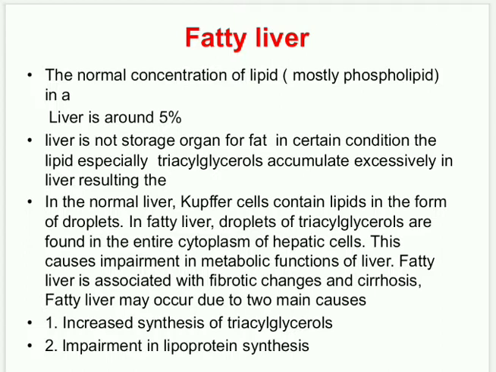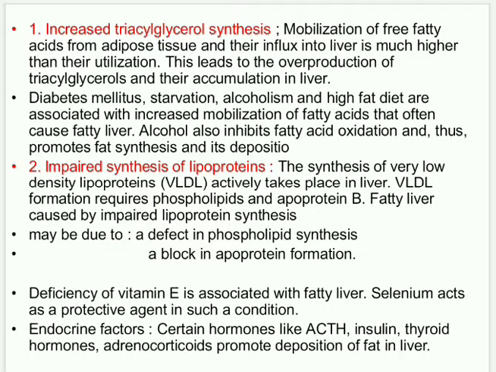Fatty liver is associated with fibrotic changes and liver cirrhosis. Fatty liver may occur due to two main reasons. The first one is increased synthesis of triacylglycerol, and the second is impairment of lipoprotein synthesis.